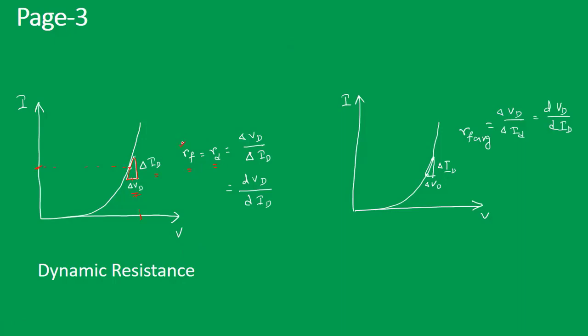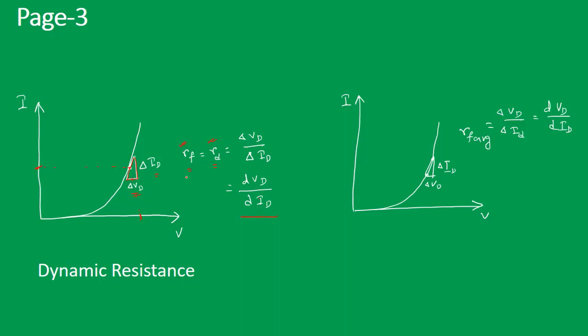So you see that small r is used in case of dynamic, while in case of static we have used capital R. It is given as delta VD by delta ID, or we can write it as dVD by dID. So, change in voltage and change in current.